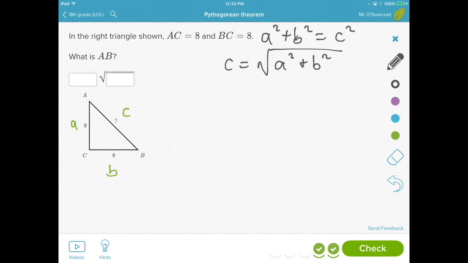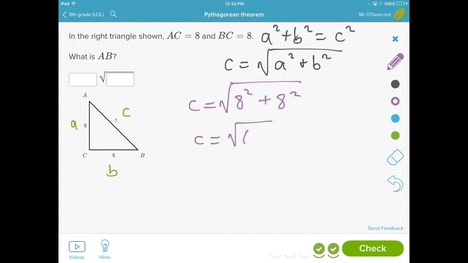Okay, so c is equal to the square root of 8 squared plus 8 squared, and that gives us c to be equal to the square root of 64 plus 64, which is equal to the square root of 128.